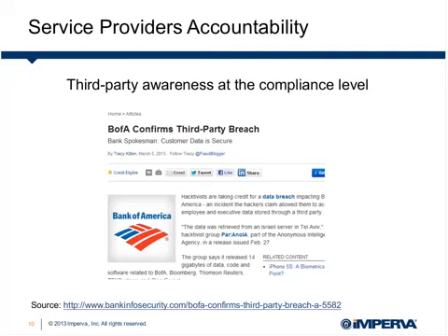I believe this was around March or February, where one of the companies that provide data analytics for Bank of America, obviously Bank of America gives them their data in order to run analytics on, and the third party got breached, and therefore data got stolen. So that's an example of a risk that wasn't taken into account in the past, and now needs to be taken into account either by enforcing policies or legal terms on the companies that you work with.